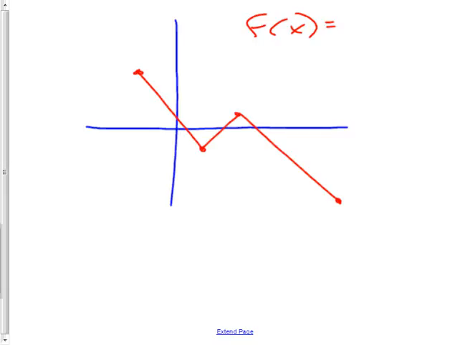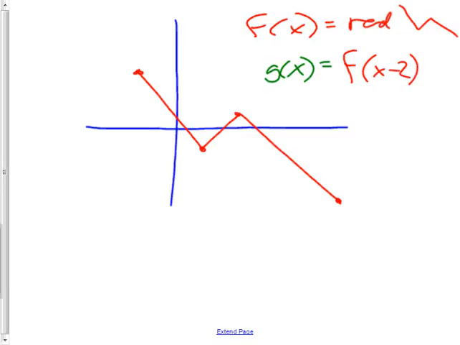I think all we need to do is, if f of x is this red one, looks kind of like that, okay, then what would this be? Would you please graph me g of x if it's really made up of f of x minus 2 plus 5?